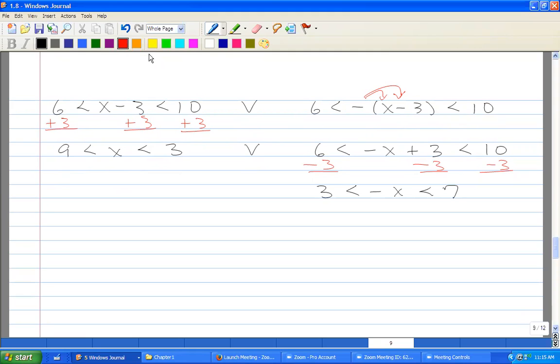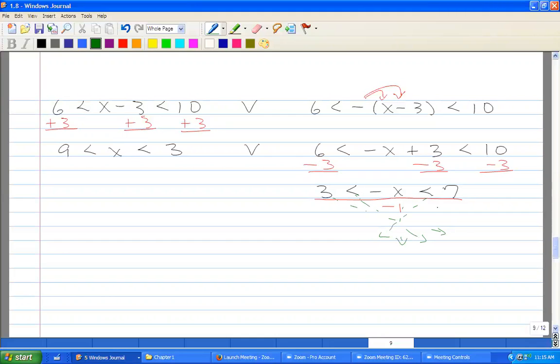So let's divide both sides of my inequality by -1. Now, if I do that, well, things are going to switch around. So this 3 will go over here. This inequality will go here. This will go down.